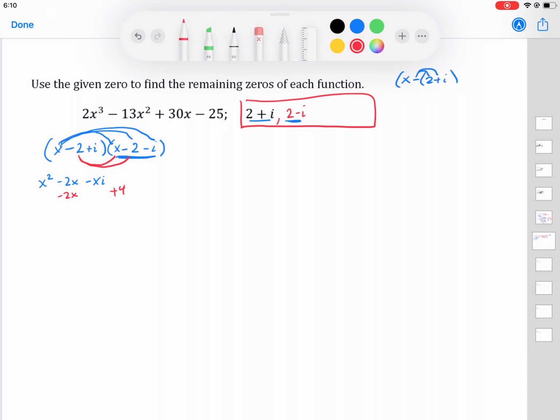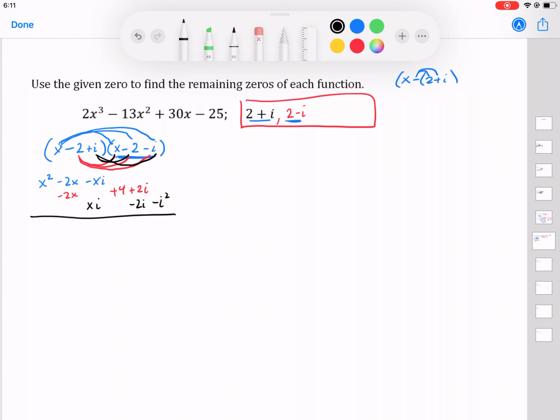And then negative 2 times negative i is positive 2i, because a negative times a negative is positive. And then I'll do the next one. So we have i times x is positive xi. i times negative 2 is negative 2i. I just want to line up like terms. And then i times negative i is negative i squared.